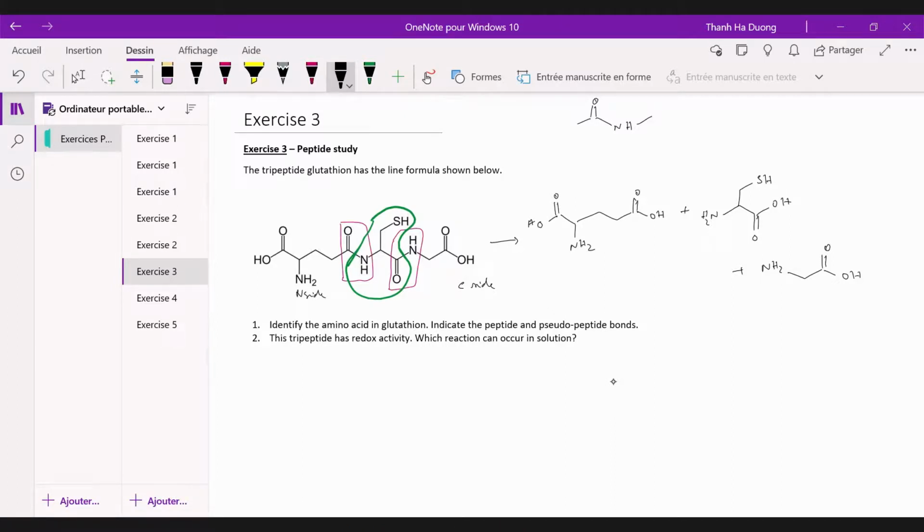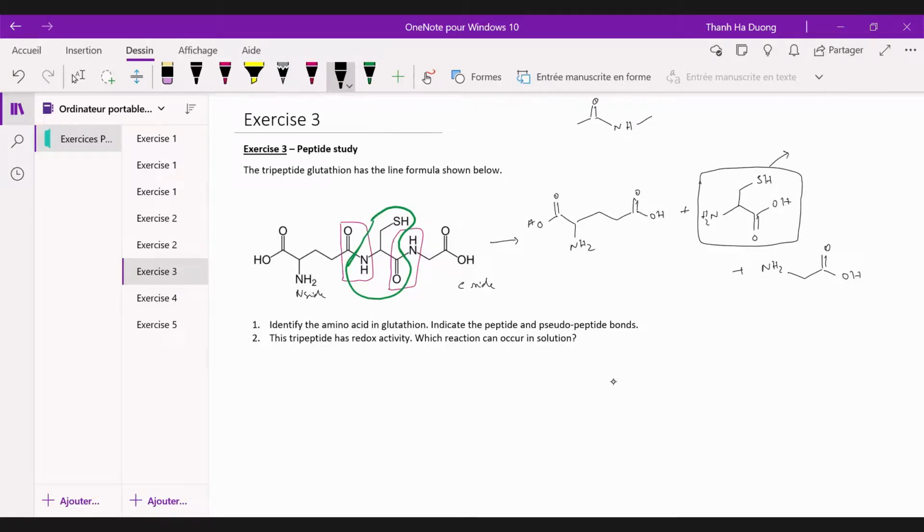Do you recognize the amino acids? Here, you should know this one with the thiol group, the one in black.